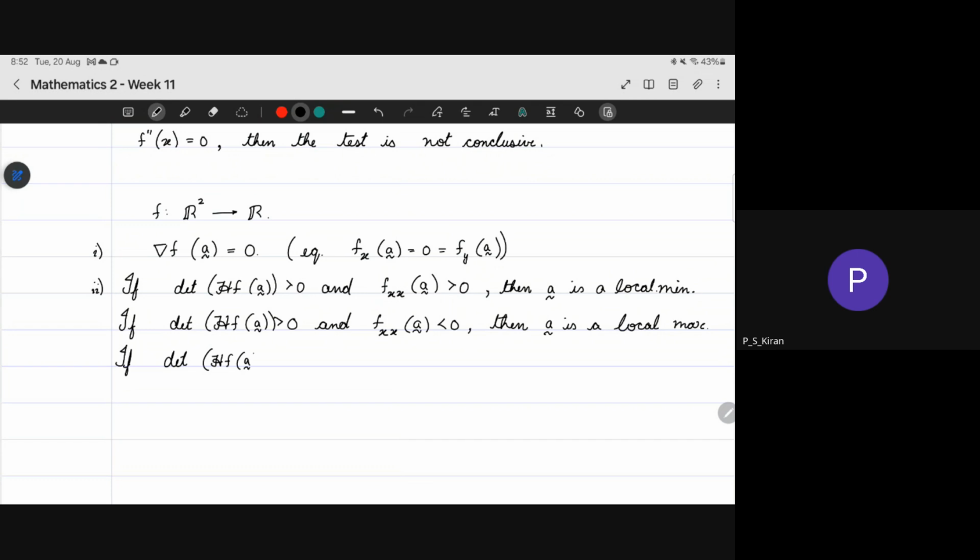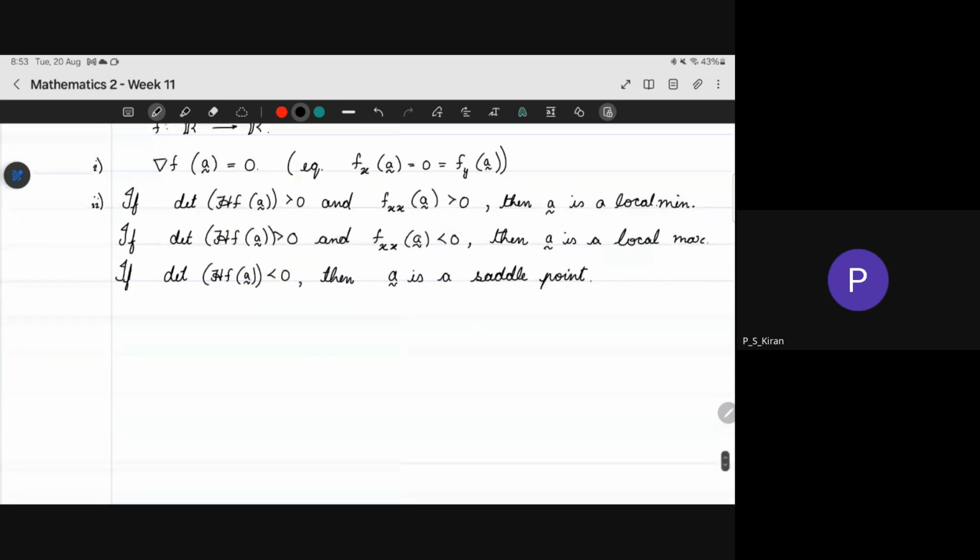Now the other case is when the determinant of the Hessian is less than 0. Then this is a saddle point. I think saddle was explained in the last session. You will have the function behaving something like this.